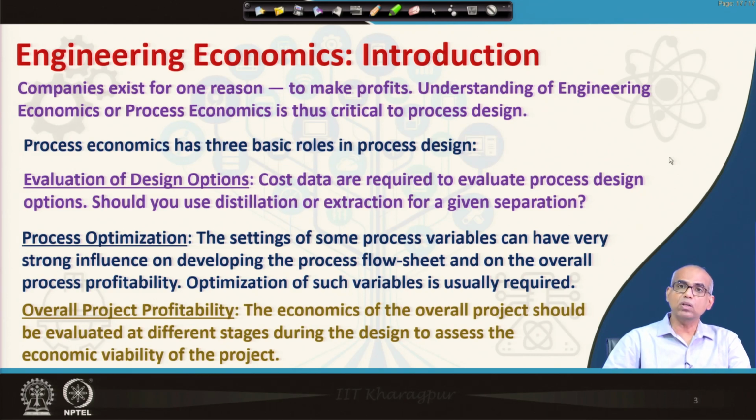So, this is very important because the projects which are not economically viable should be discarded as early as possible. It is very important because we know that a very small fraction of the ideas that are conceived are ever implemented in practice.